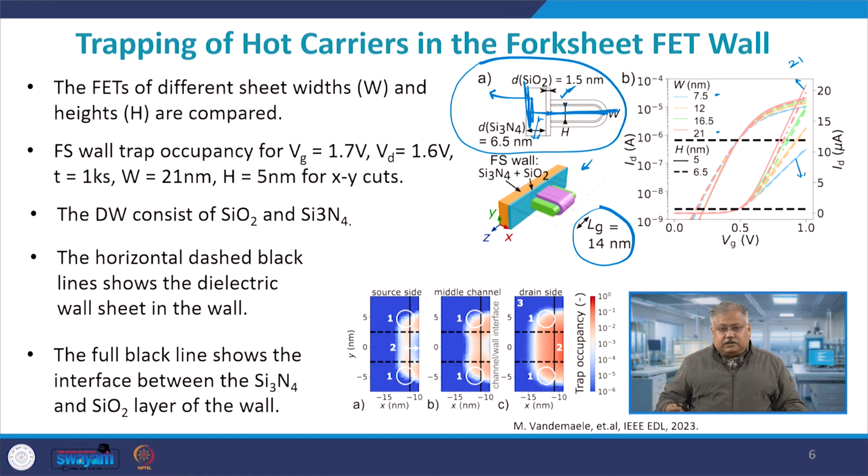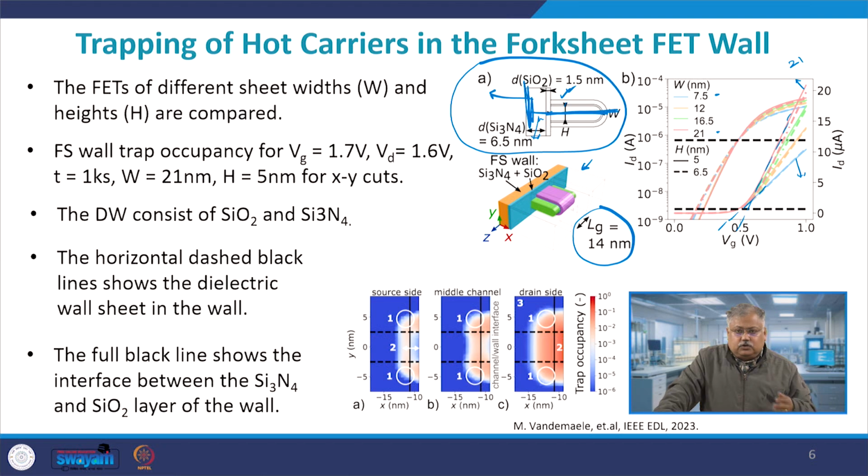But if you use an extrapolation method to find the threshold voltage, then this threshold voltage will be here and this threshold will be somewhere here. So a lower current will effectively give you a lower threshold voltage using a back extrapolation method, whereas a higher thickness of the dielectric wall will give you a much larger threshold voltage in a sense.